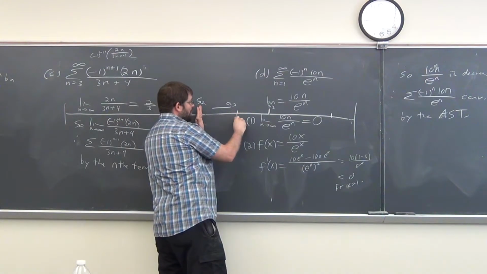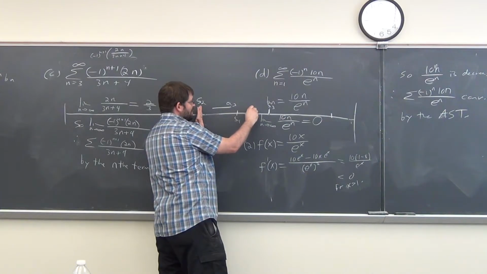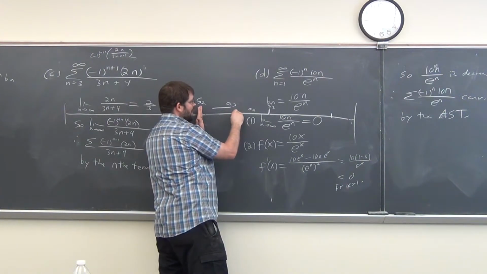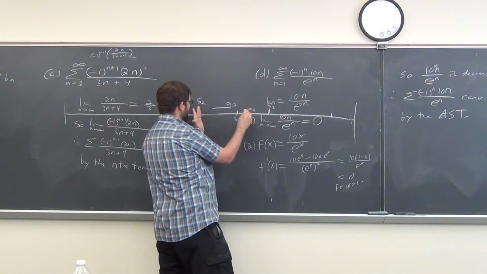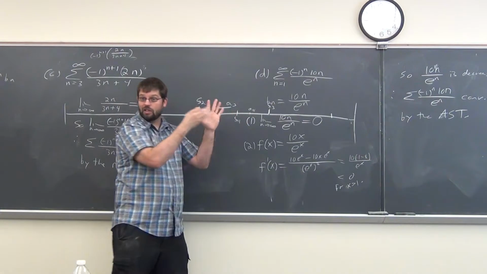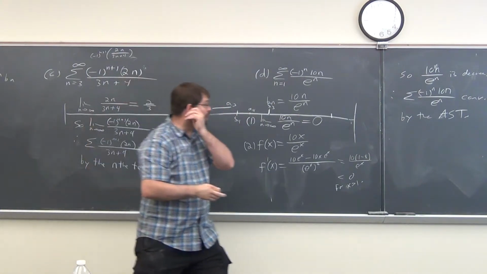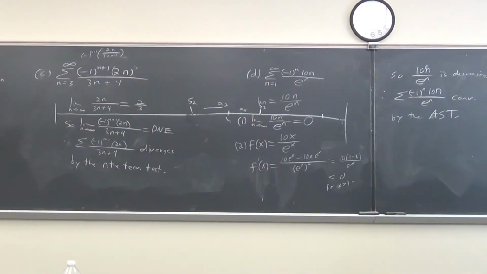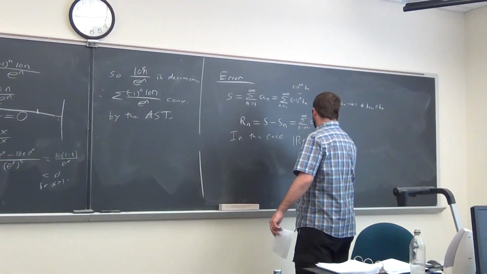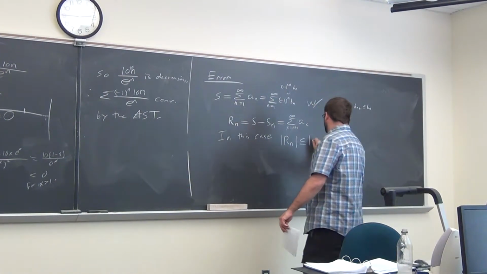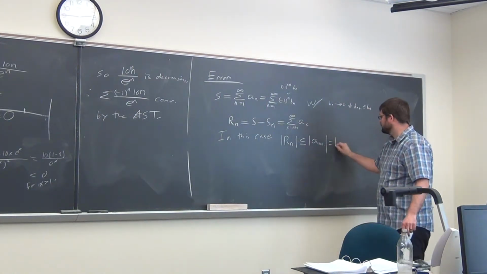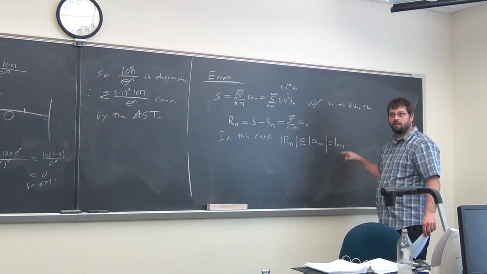Here's S4, and that distance is A4. We know we're going to come back this way. I've lost which way I'm moving now. But anyways, the point is you're bouncing back and forth, right? You're never going to get too far away. And so you can conclude from that that the size of your remainder is less than or equal to the absolute value of A sub n plus 1, which is just B sub n plus 1, okay?